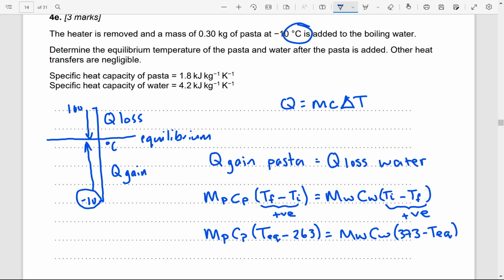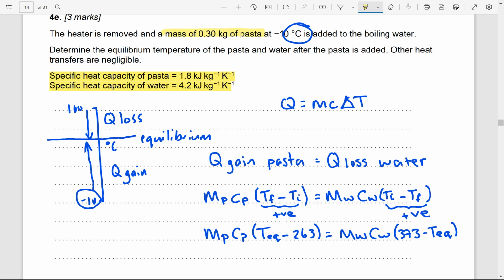And now you rearrange. I won't put in all the numbers. We can see all the numbers. I'll just highlight them here. So we've got mass of pasta. We've got specific heat of pasta, specific heat of water.